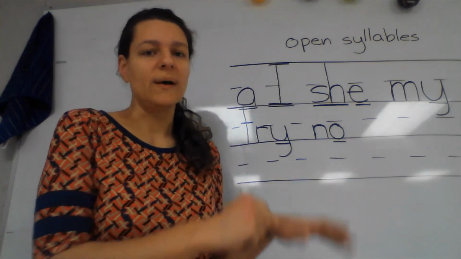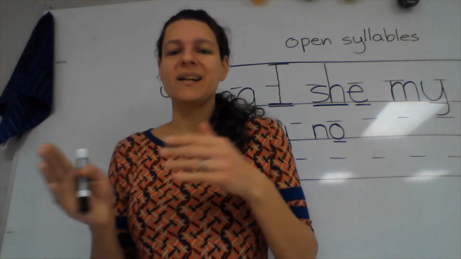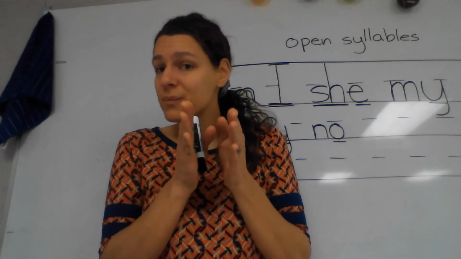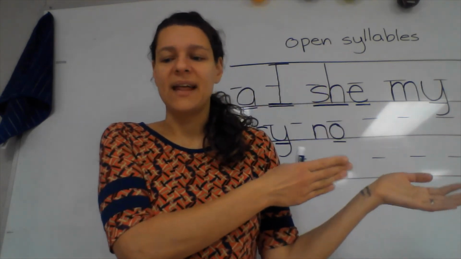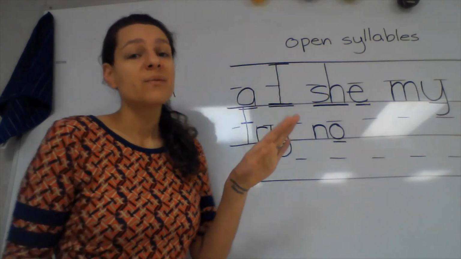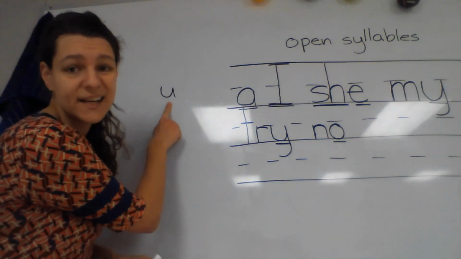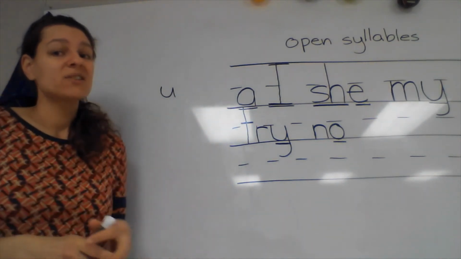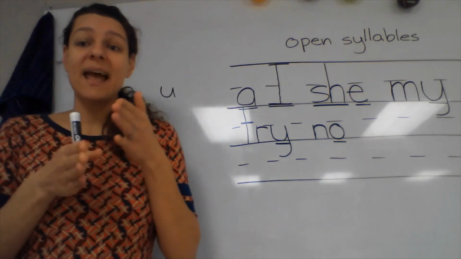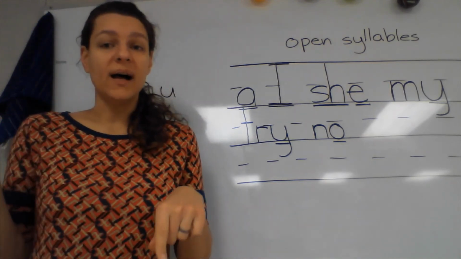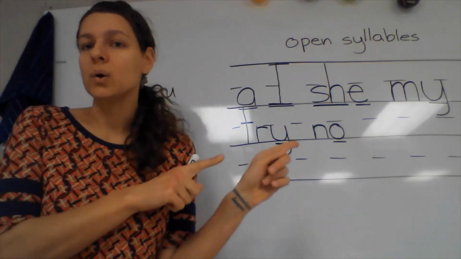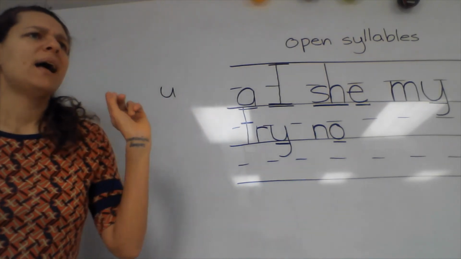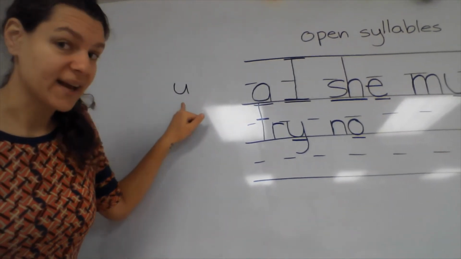So you hear I say the first sound, I put the second and third sounds really close together, and then I say the fourth sound. The reason is that this kind of has two names. So its names are the second and third sounds. So u, oo, or. We talked about this a little bit when we were working on silent final E's, some of you.